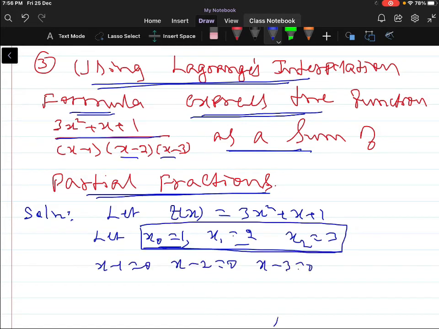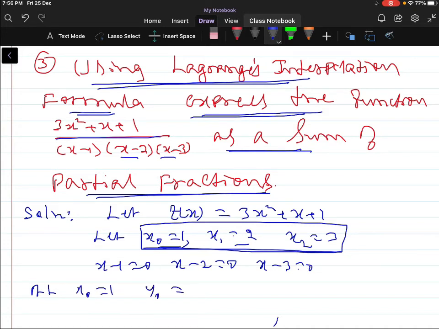These 3 points satisfy x minus 1 equal to 0, x minus 2 equal to 0, and x minus 3 equal to 0. So these 3 factors are the factors of the denominator of the given function.